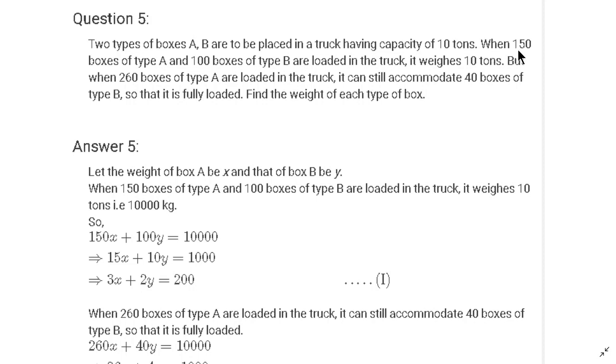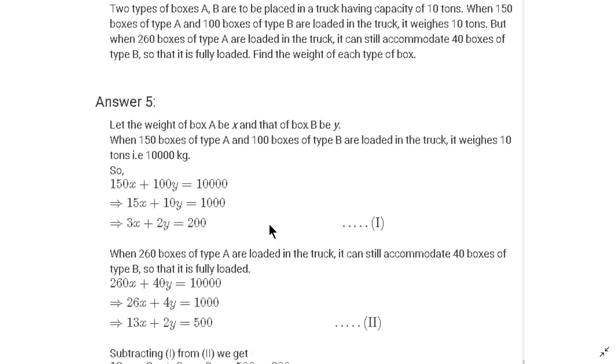First condition: when 150 boxes of type A, means 150 into x, which is the weight of box A, 150x plus 100 boxes of type B, 100 into y, is equal to 10 tons. We converted 10 tons into kilograms, 10 into 1000, which is 10,000. Now we reduce the equation by dividing by 10 and then by 5, so that we get this simpler equation 3x plus 2y.